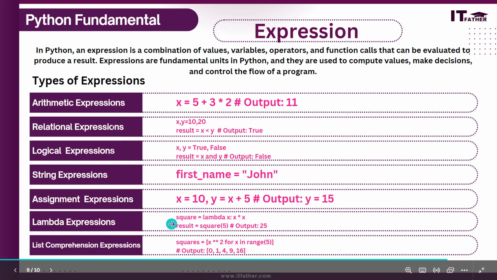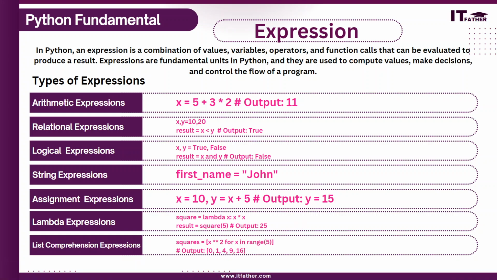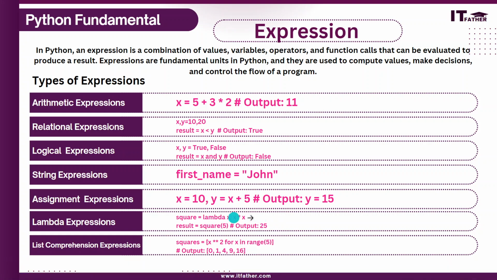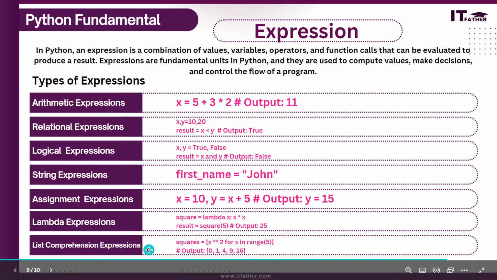For example, if we write square equal to lambda x colon x into x, then square, which is a variable, will work as a function. Any value passed to square will be processed on the basis of this expression. In the place of x into x, if we write x plus x, it will always be added.